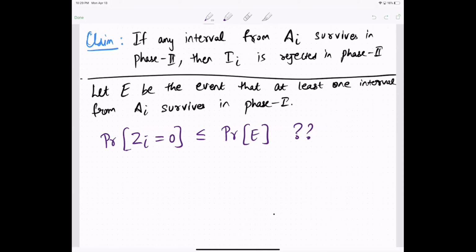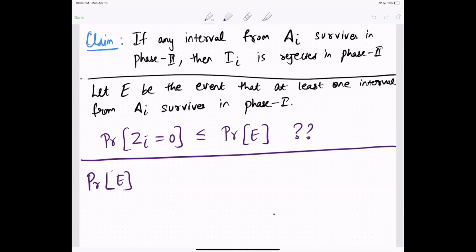We just need an upper bound on Zi equal to 0, and I'm saying you can safely upper bound it by this thing, the probability of E. Right, so now let's try to give a good bound on the probability of E. So what's the probability of E? The probability of E is nothing but, let me write it down.